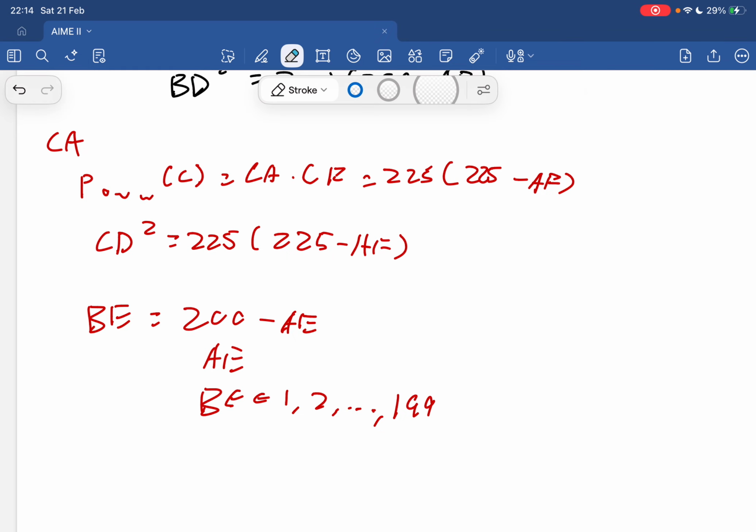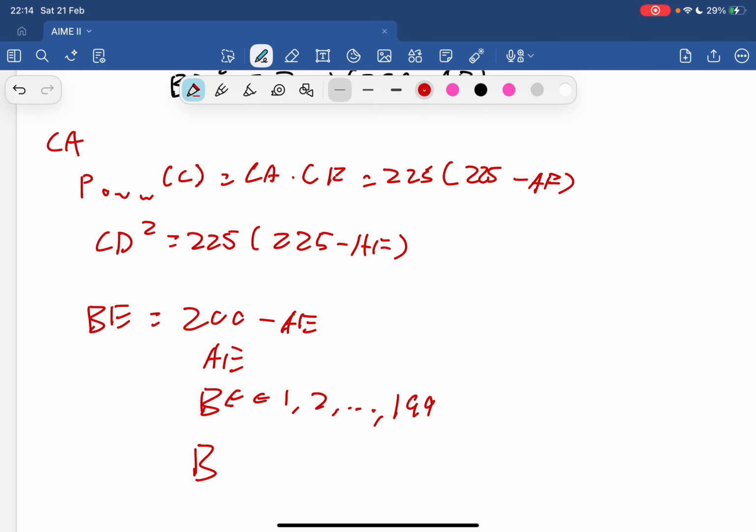So from 1, BD squared equals 200 times BE, which equals 2 to the power of 3 times 5 squared times BE.